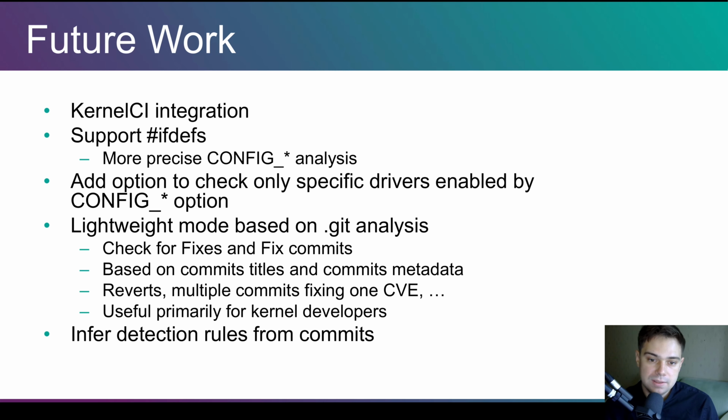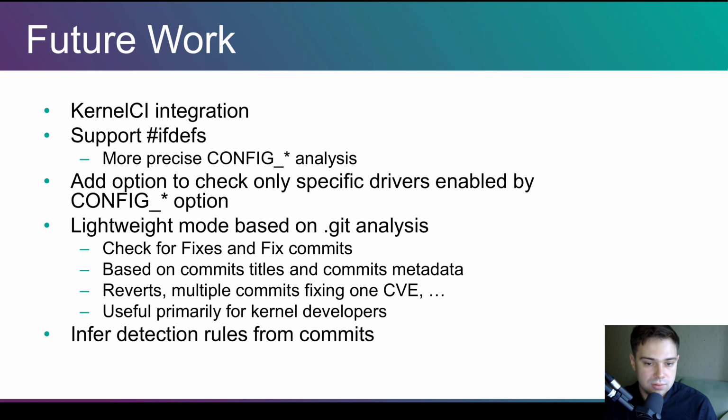The simple idea is to check that there is a breaks commit in your branch and there is no corresponding fix commit in the Git branch. I already drafted an initial implementation for this, and of course you can't just check for commit IDs because they are different in different trees, so you need to take into account things like commit title, commit author, commit time to really check a Git log.